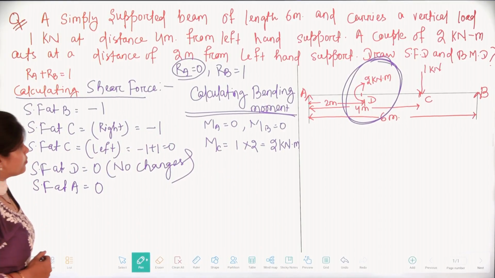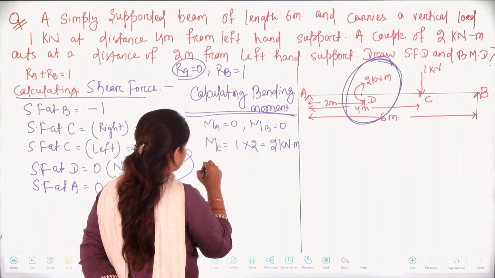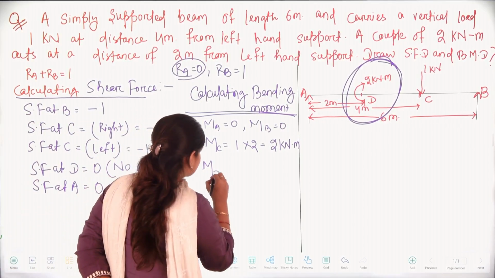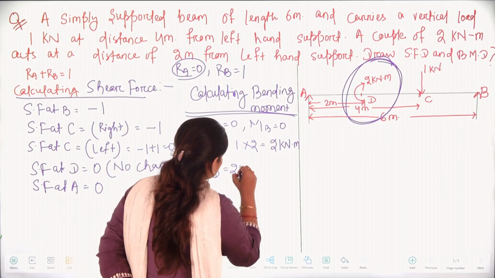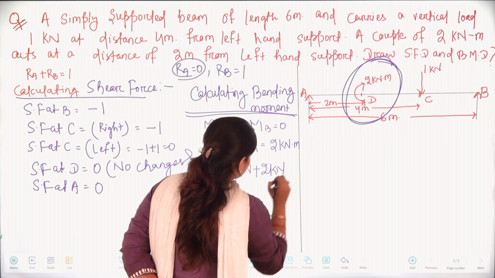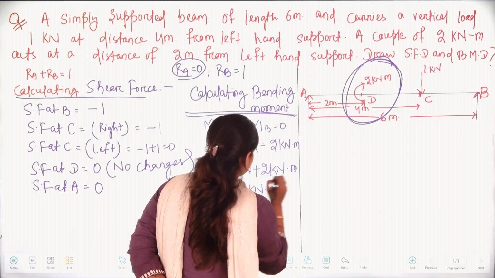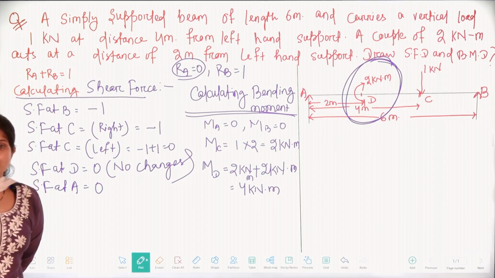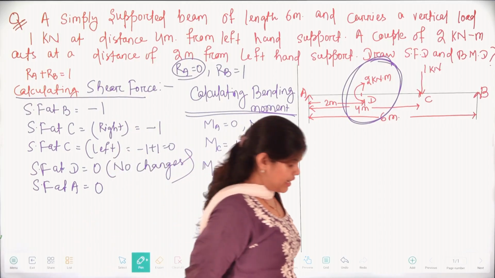Okay. Then MD. MD will be 2 kilonewton plus 2 kilonewton, that is 4 kilonewton into meter. Okay. So we have the bending moment at A, B, C and D.